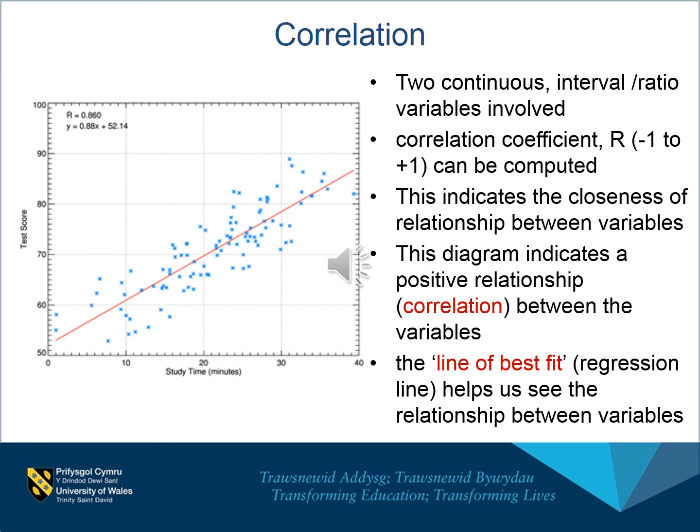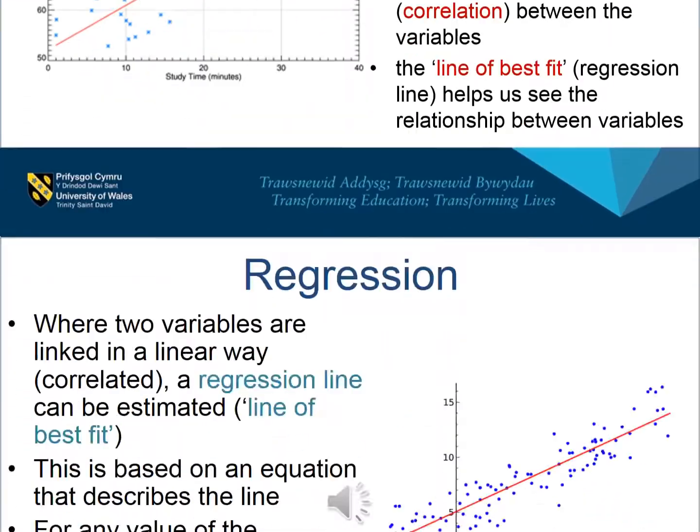And clearly what we've got here is a graphical representation using a typical scatter plot. We can draw in a line of best fit which actually shows the relationship, and it's the nature of that line that gives us the correlation coefficient that describes how closely the two variables are linked.